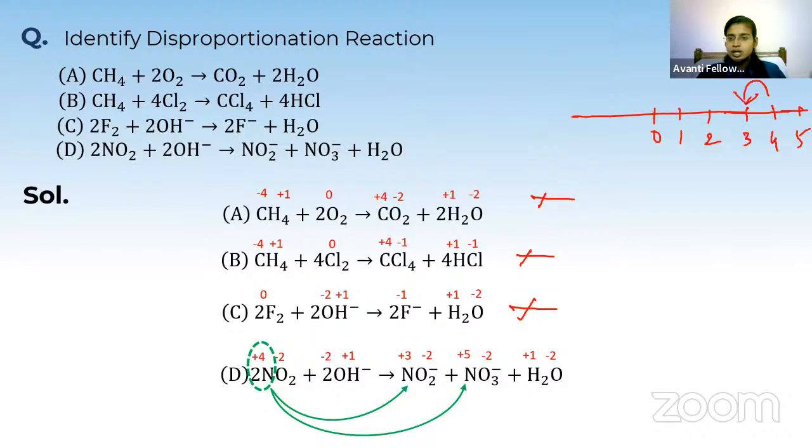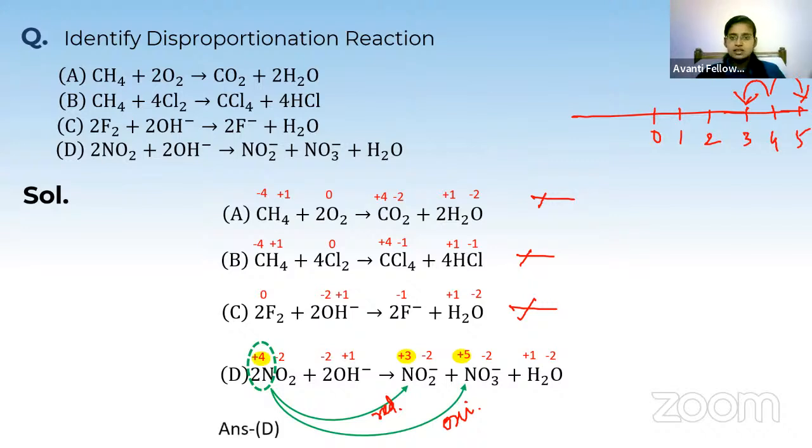So it is reduction. And in the other case, it is moving from +4 to +5, moving towards right side. So it is oxidation. So one element is getting reduced as well as oxidized, right? So option D is the correct answer for this question.